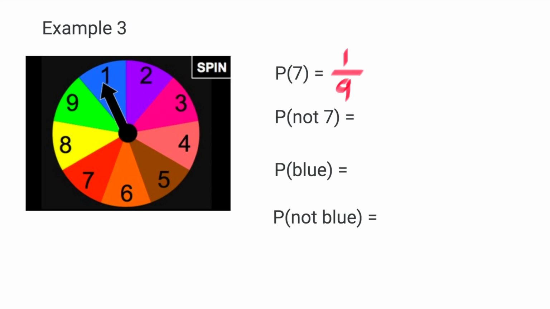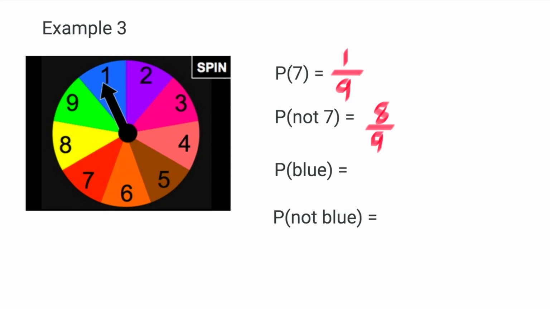Now if you want to find the complement of the probability of 7, it would be the probability of not 7. So we need to find all the outcomes that are not 7, and the total number of outcomes that are not 7 is 8. And the total number of outcomes in the spinner is 9, and so that fraction would be 8/9.